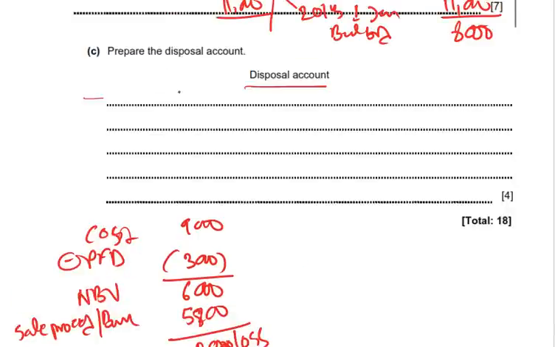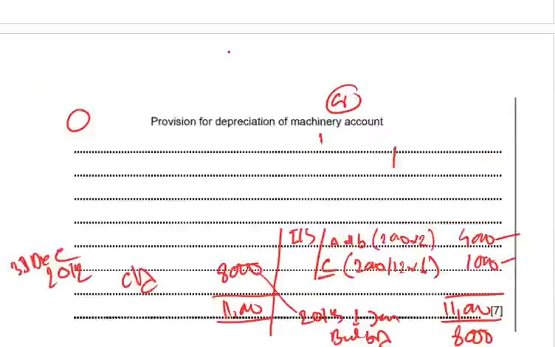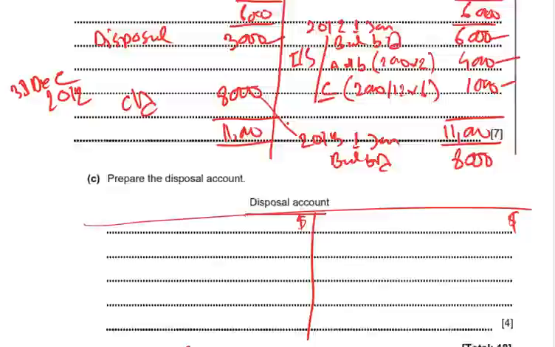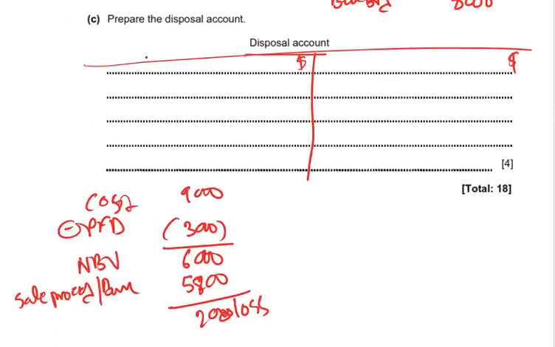Okay, so how do you show this information in a T account? Disposal, is it a machine or vehicle? Just checking. Yes, it is a machine account. So on the debit side, you call it machine, 9,000. Take away provision for depreciation, 3,000.